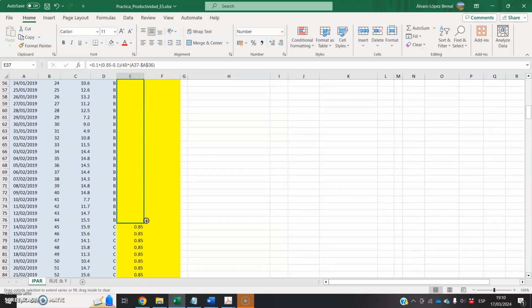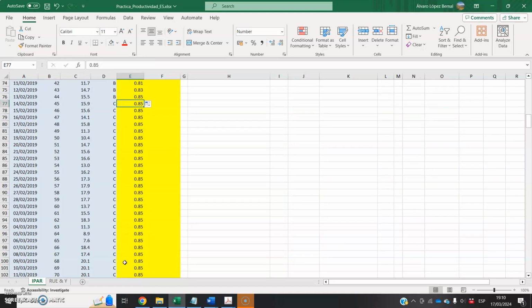If calculations are right, we will finish the last day of stage B with a value which is exactly equal to 0.85, the value of stage C.